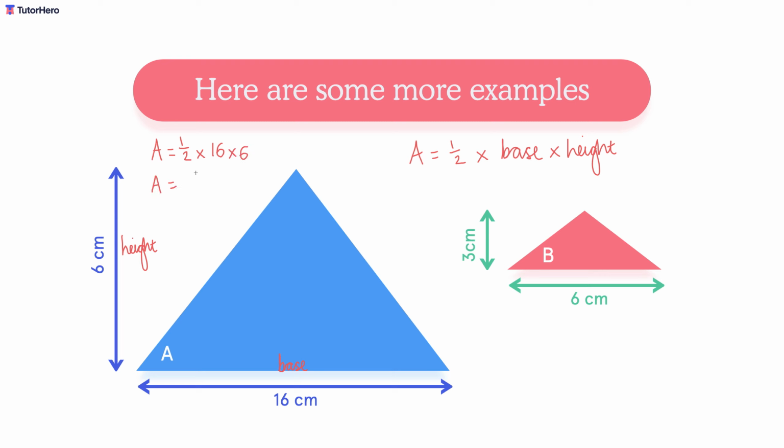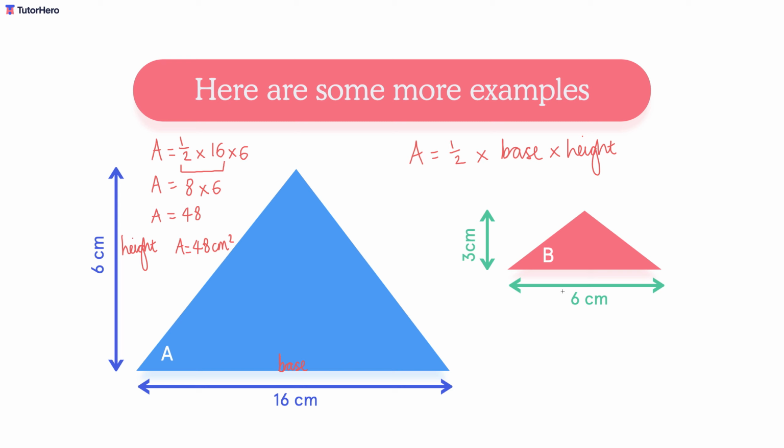A equals, well, we know half of 16 is 8, so 8 times 6. A equals 8 times 6 is 48. So the area of this triangle is 48 centimetres squared. Remember, it's really important to put our units of measurement, which in this case is centimetres squared.